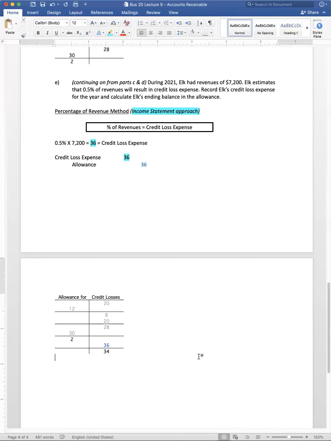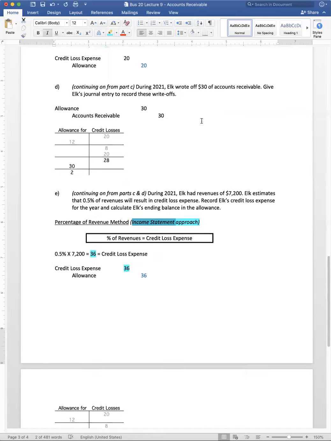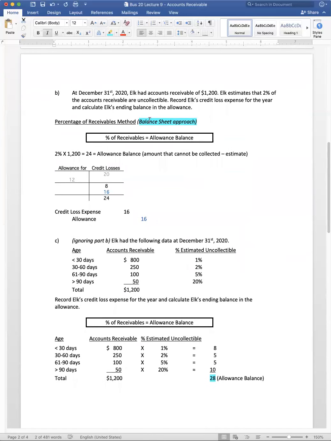The reason that both are allowed, the reason that the rules don't just say use this and be done with it, is because one is based on the balance sheet and one is based on the income statement. If we were to pick one method over the other, we'd be saying this financial statement is more important than the other. So can I say the income statement is more important than the balance sheet? Can I say, hey, the balance sheet is more important than the income statement?